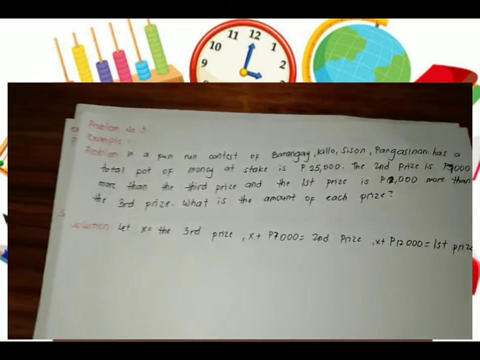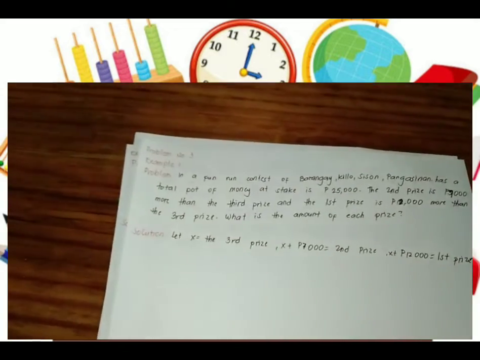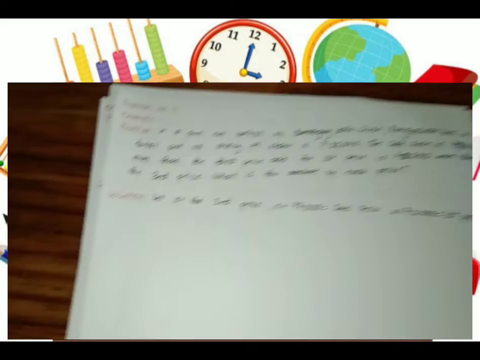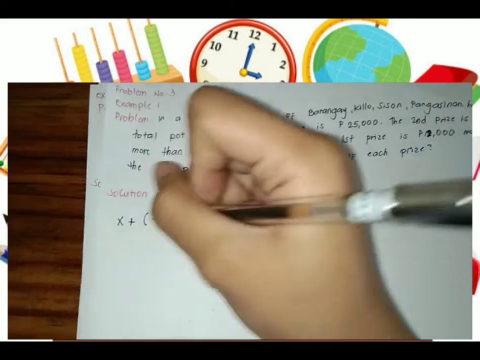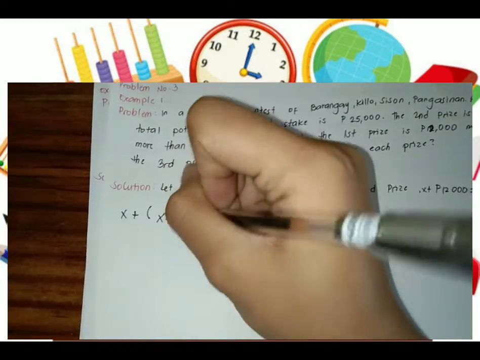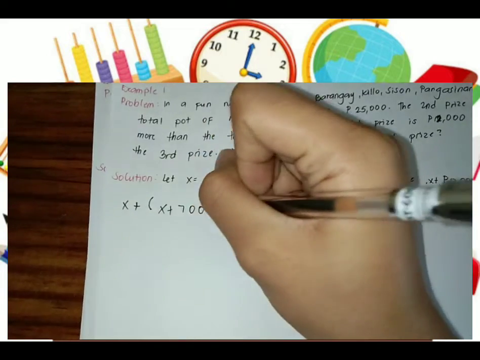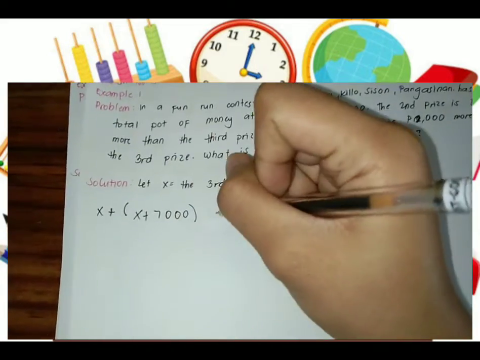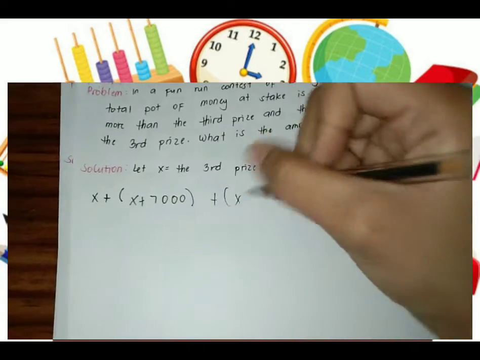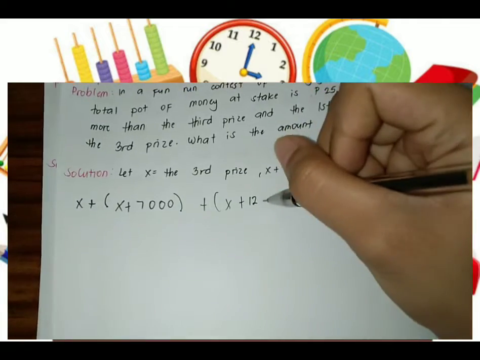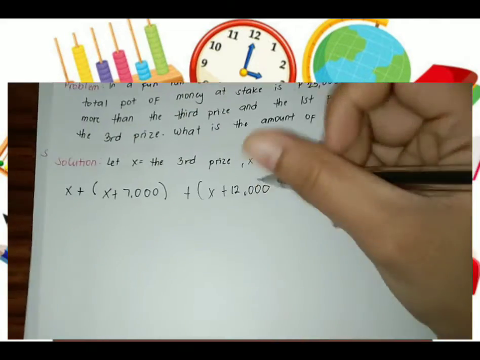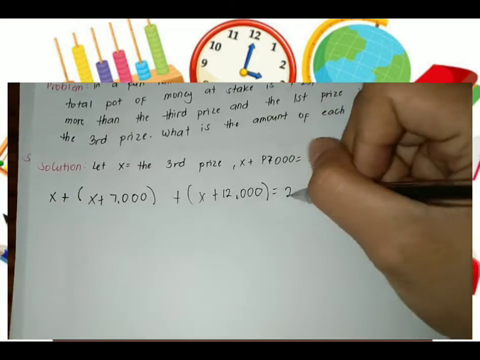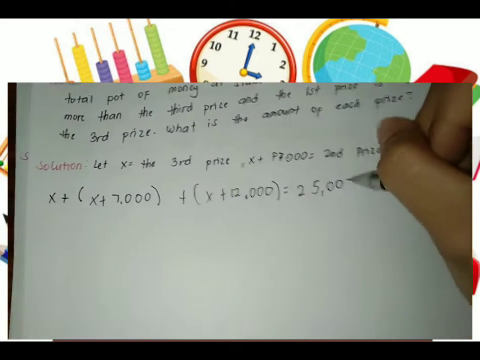So the way to solve it is: x plus (x plus 7,000) plus (x plus 12,000) is equal to 25,000.